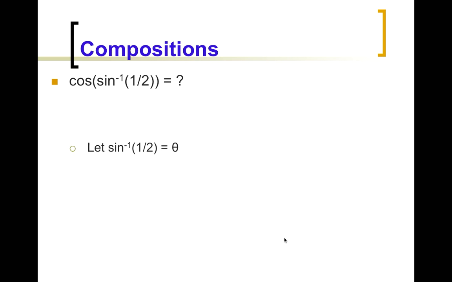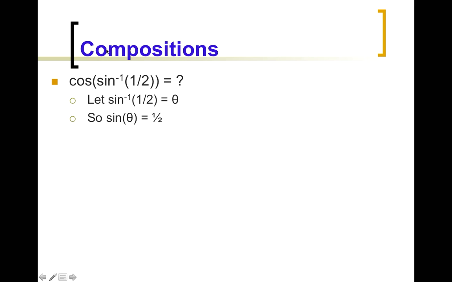We're going to look at the inside piece. Whenever we do the cosine of something, it has to be the cosine of an angle. So we're going to let the thing on the inside, the sine inverse thing, be theta. And that means that the sine of theta is equal to 1/2.